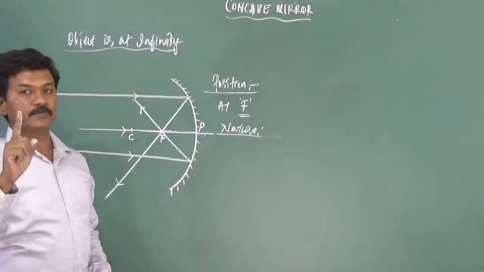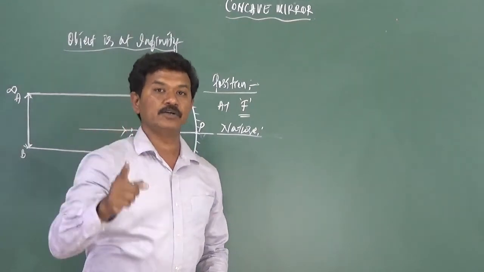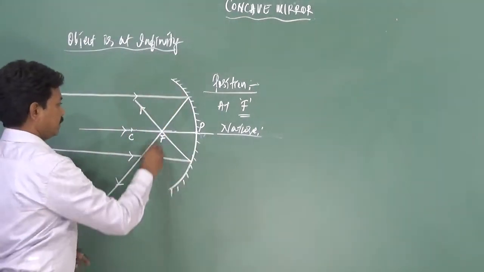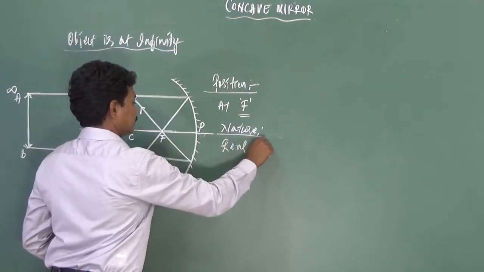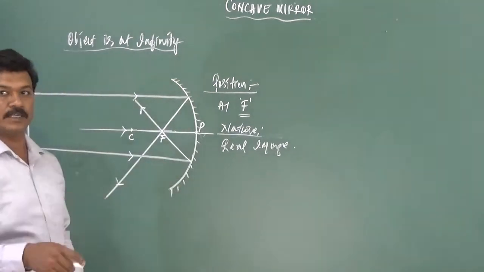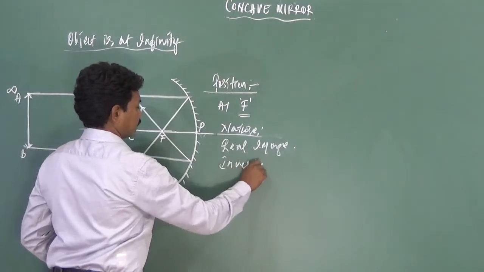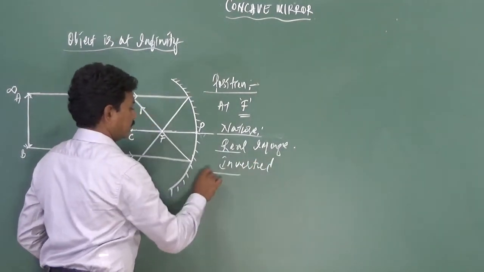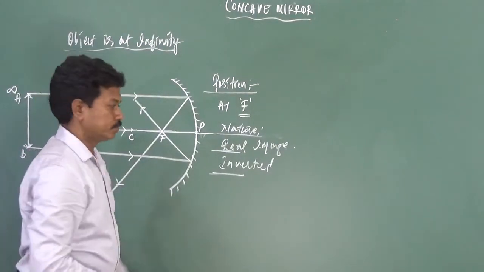A real image is formed where, after reflection, the light rays actually meet. Real images, we know, are always inverted, so it is an inverted image. A real image is always inverted, and an inverted image is always a real image. Both are true.